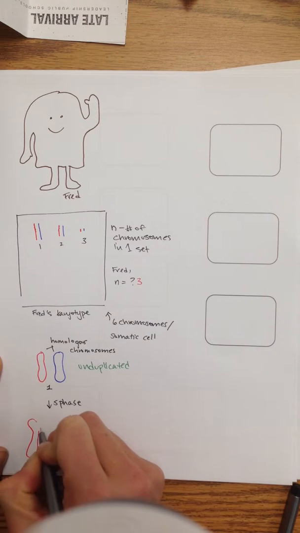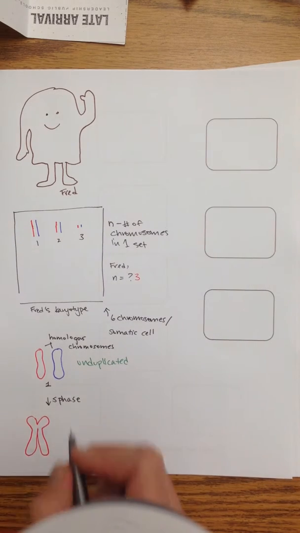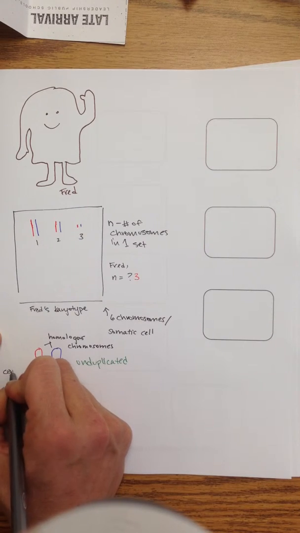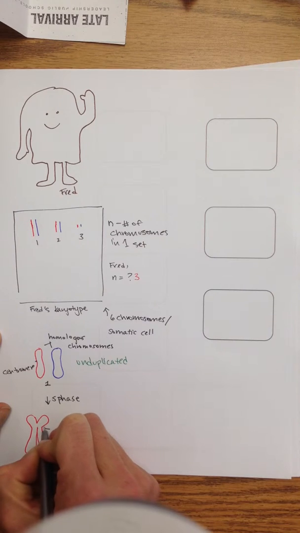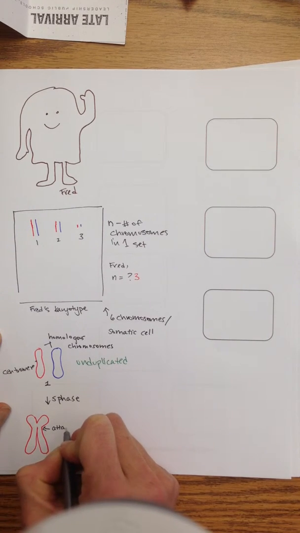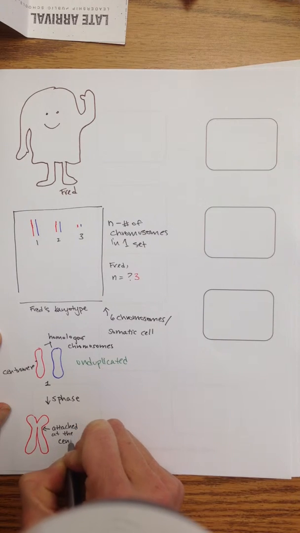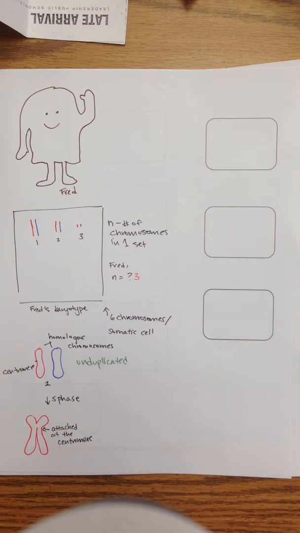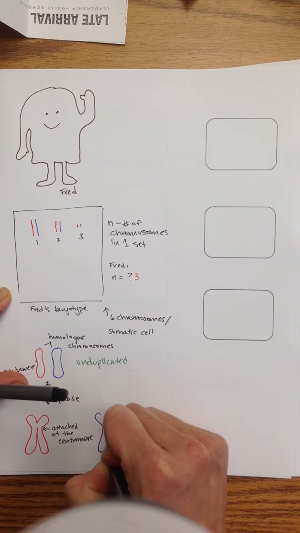So here's my original chromosome 1. And my second chromosome 1 is attached. Remember how we called this little spot right here the centromere? They're attached right at the centromere. And then the same thing for my homologous chromosome 1.